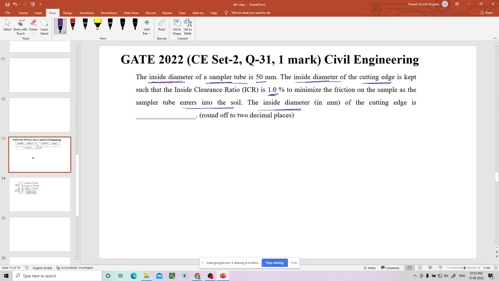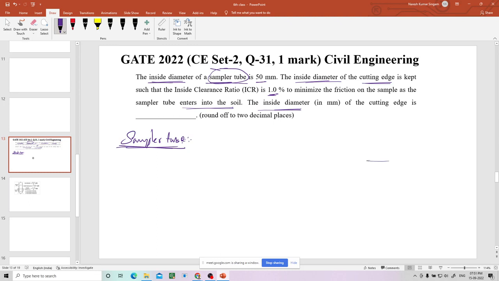See, here he is saying sampler tube. Once you complete the course, then you will understand what is a sampler tube and what is a cutting edge, what is inside diameter, all those things. You must have understood now the meaning of sampler tube. It is used to collect a sample, like a boring tube.